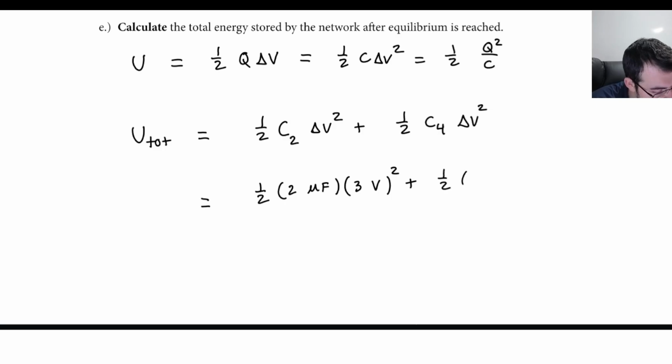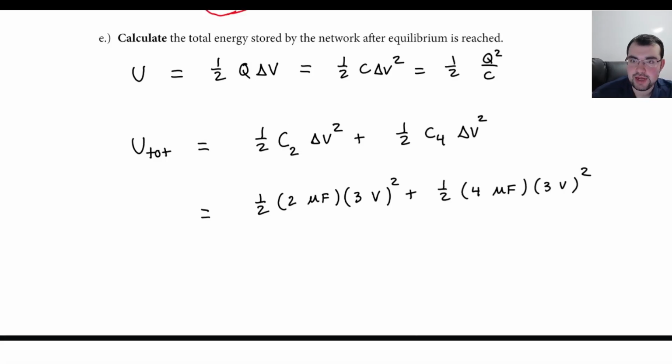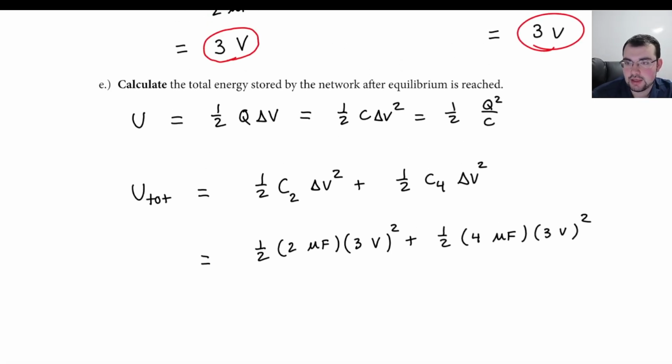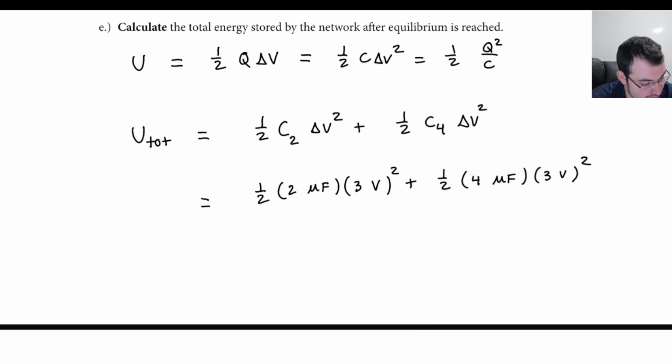I'm writing the units out because we can see what is going to stay constant throughout our unit process and what's not. If we do this, we get units of microjoules. I like that better because it avoids having to use scientific notation. So 1/2 of 2 is obviously 1, so we get 9 microjoules stored in the field in the first capacitor, and then double that, 18 microjoules. So we get 27 microjoules of energy stored.